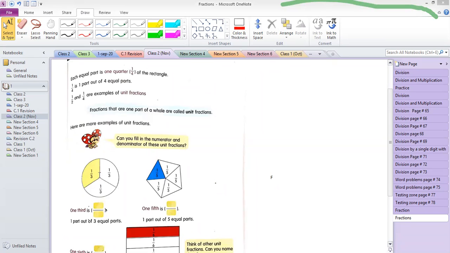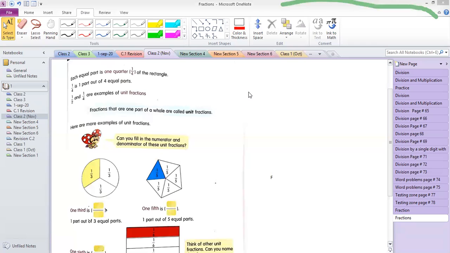This circle is divided into how many equal parts? This is my question. The circle is divided into how many equal parts? Yes. Three. Very good. The circle is divided into three equal parts.